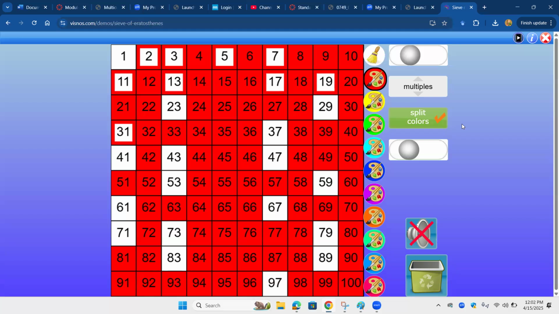Okay. And I would say, why did I just have to go up to 7? There's a couple of ways to answer this question, I guess. Why is it that I went up to 7 and then everything that's left is a prime number?